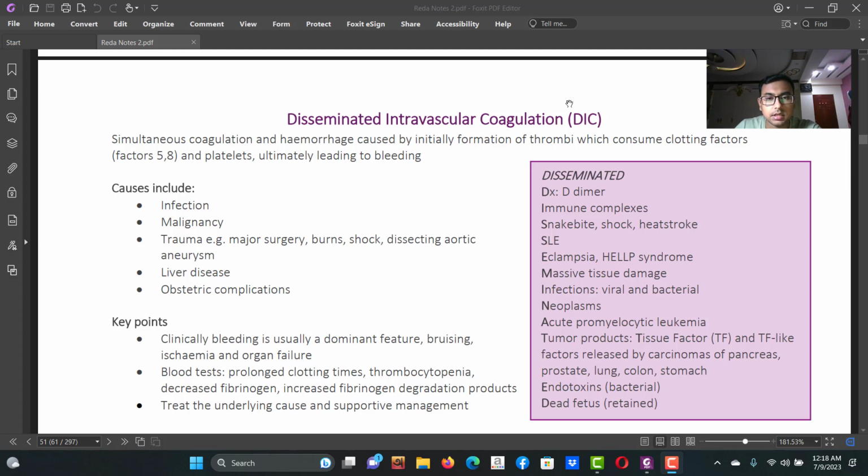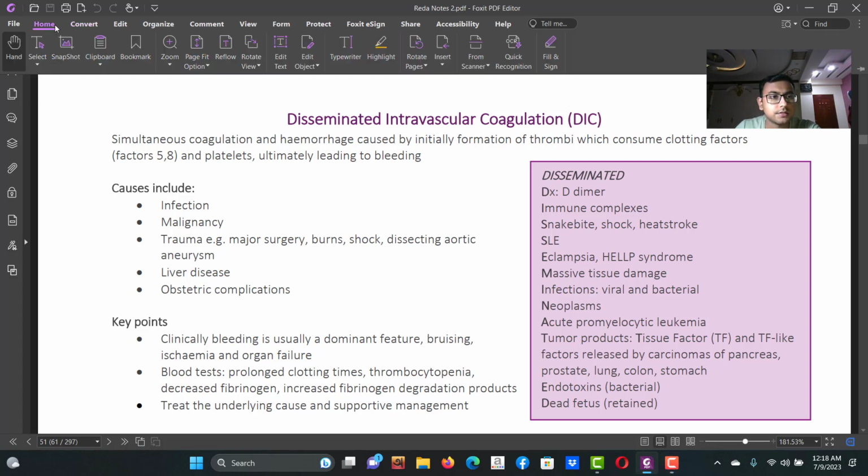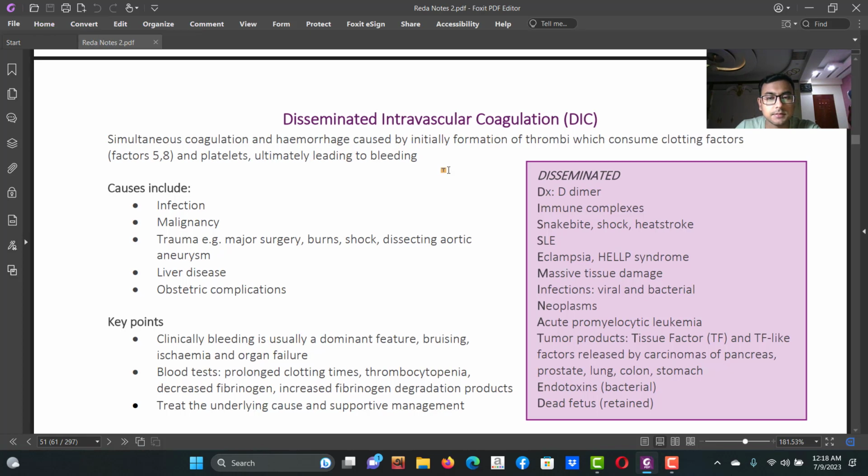So disseminated intravascular coagulation is very important because it's a surgical emergency and also a gynecological emergency. It is simultaneous coagulation and hemorrhage, caused by initial formation of thrombi that consume clotting factors.